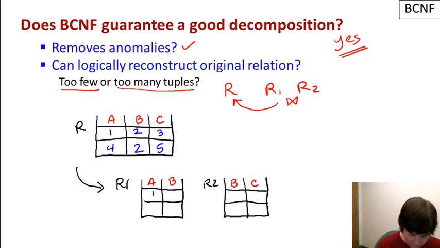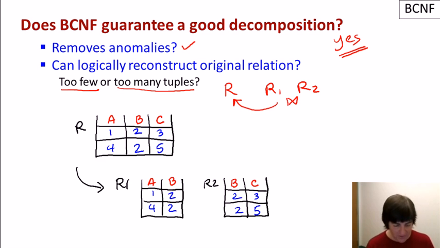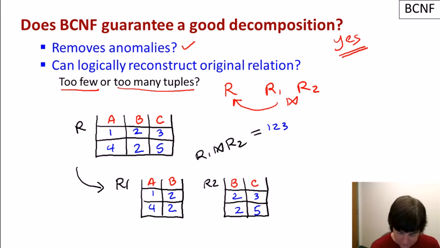In R1 we have (1, 2) and (4, 2), and in R2 we have (2, 3) and (2, 5). Now let's see what happens when we join R1 and R2 back together. You might see what's going to happen. We're actually going to get 4 tuples: (1, 2, 3), (1, 2, 5), (4, 2, 3), and (4, 2, 5). And that is not the same as our original relation.